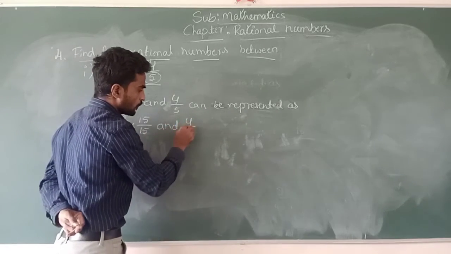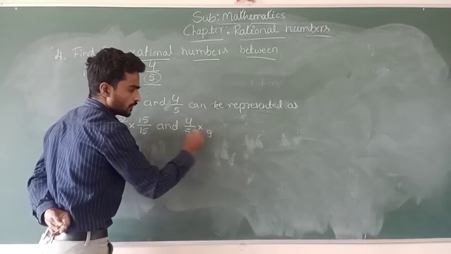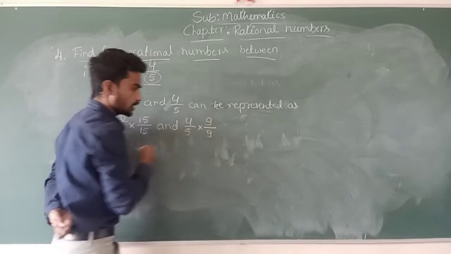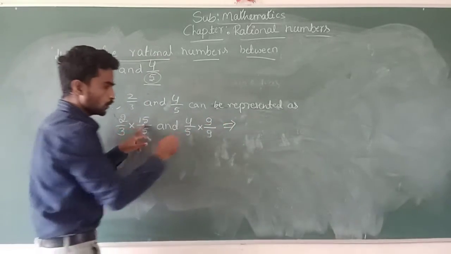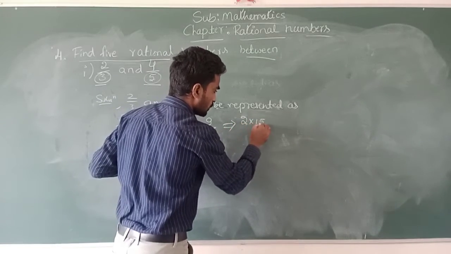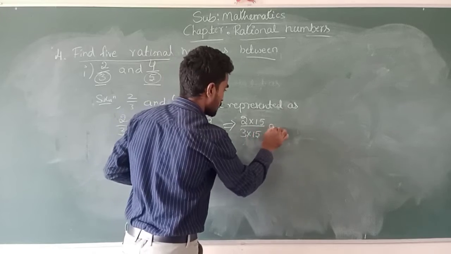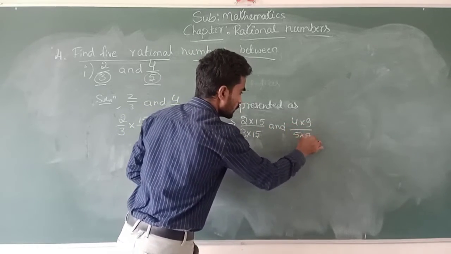And for 4 by 5, here 5 is there, 5 nines are 45, then 3 fifteens are 45, then multiplied and divided by 9. We get 2 into 15 divided by 3 into 15, and 4 into 9 divided by 5 into 9.